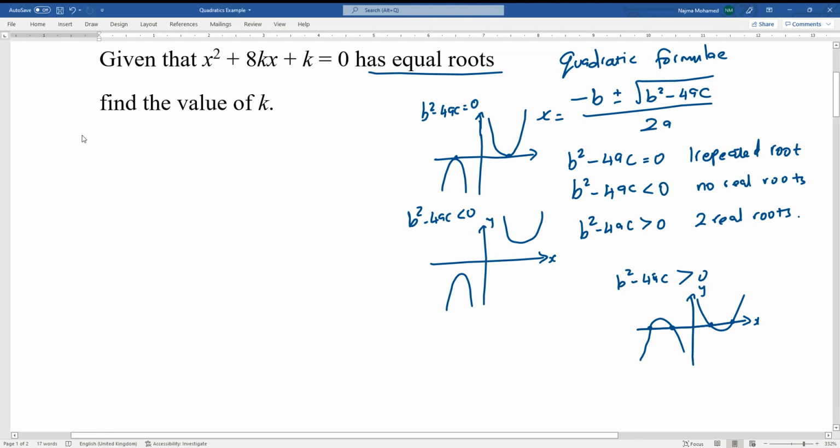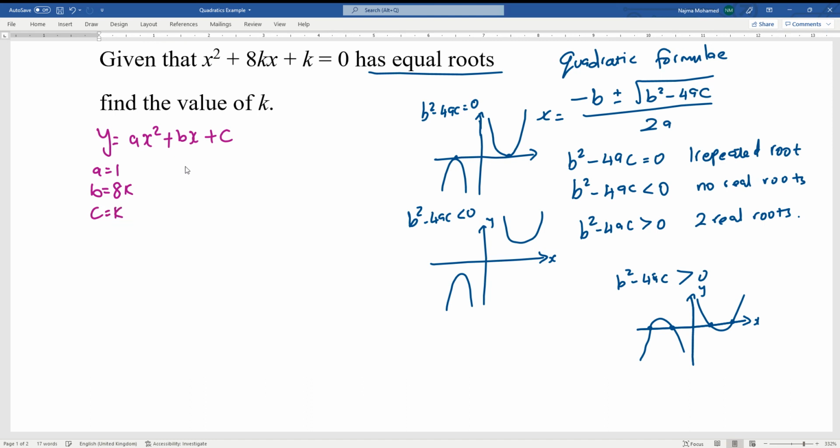So here, our quadratic is y equals ax squared plus bx plus c. In this example, our a is 1, our b is 8k, and our c is just k.